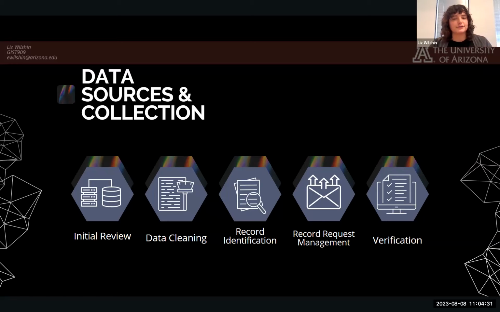We also had a record identification phase, and so that looked like us going physically to the Pima County Recorder's Office to collect the historic records that you'll see displayed in the final product from Mapping Racist Covenants.